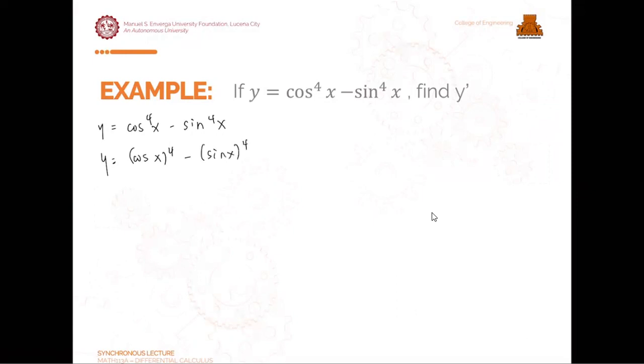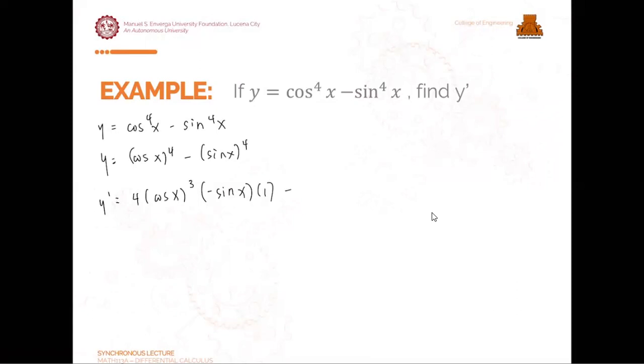Then, just like what we do with algebraic functions, we can take the derivative term by term. So, y prime is equal to 4 cosine x cubed, then what is the derivative of cosine x? It is negative sine x, and the derivative of x is 1. This is the first term.